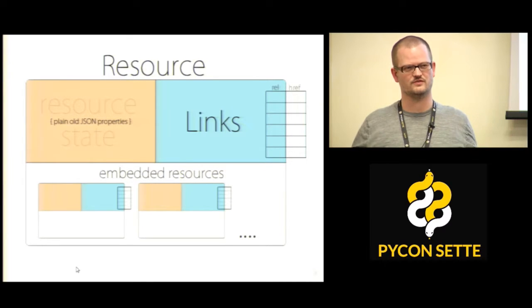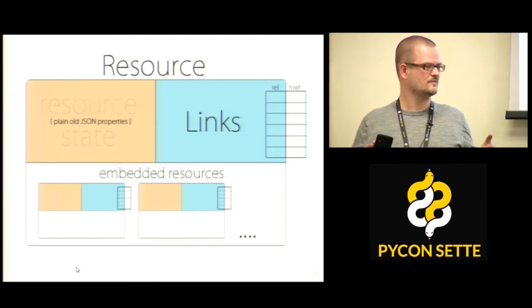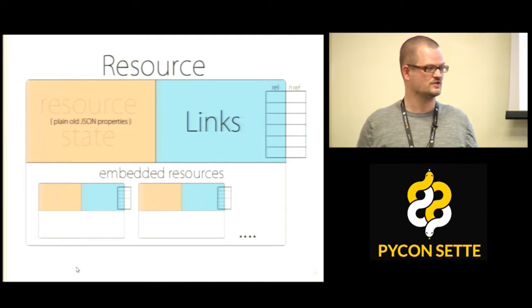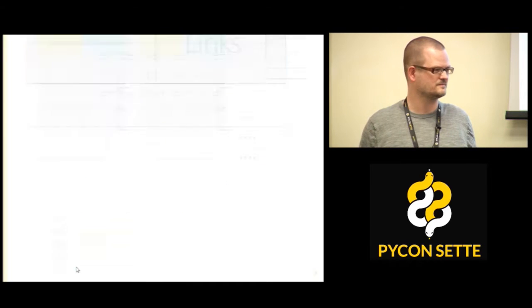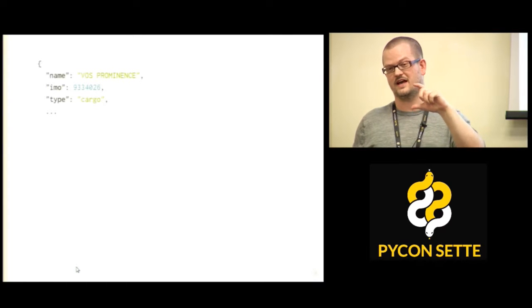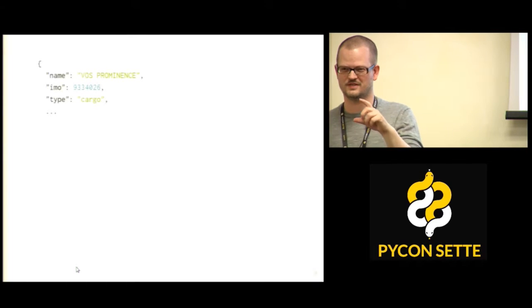This whole thing together becomes one representation that you can get and you can post. Let me show you how that works. So I'm going to show you the HAL representation of the same ship that we just saw.